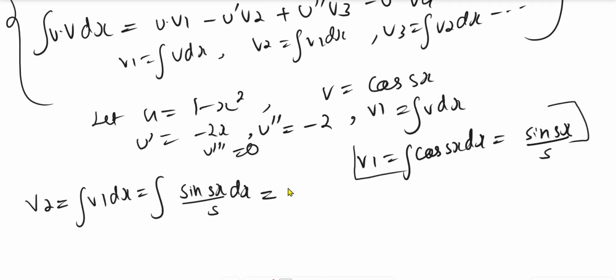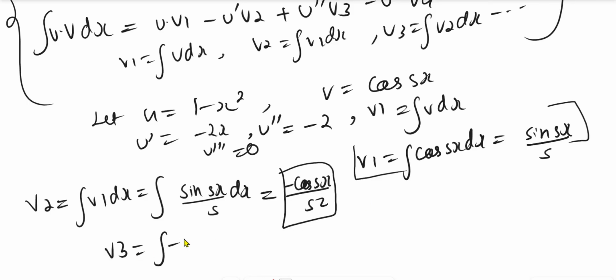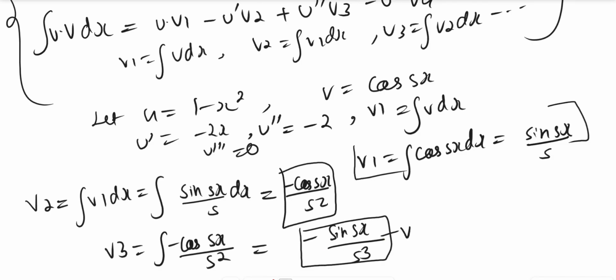Integration of sin is minus cos sx divided by s square. This is the value for v2. For v3, it is integration of minus cos sx divided by s square, which is minus sin sx divided by s cube. This is the value for v3, this is for v2 and this is v1.